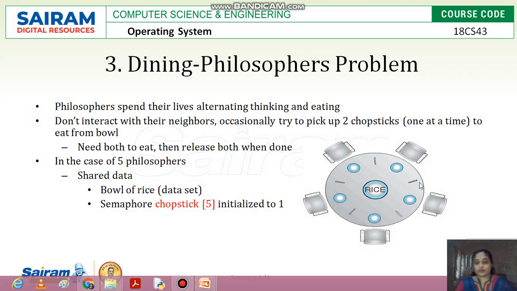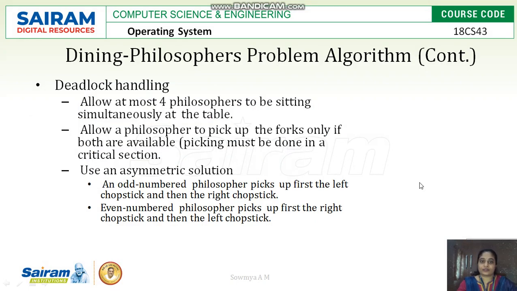So the solution for this dining philosopher problem is, you should allow at most only 4 philosophers to sit at the table. You are not supposed to allow 5 philosophers to sit. Allow a philosopher to pick a fork only if both are available.